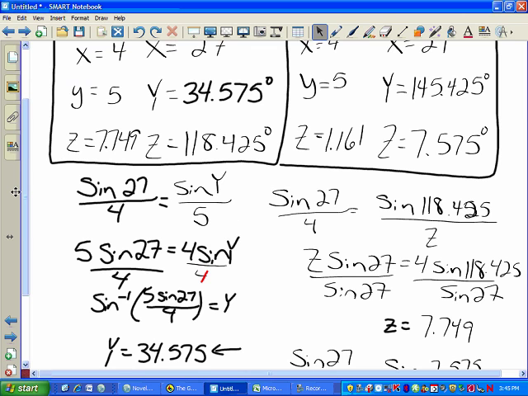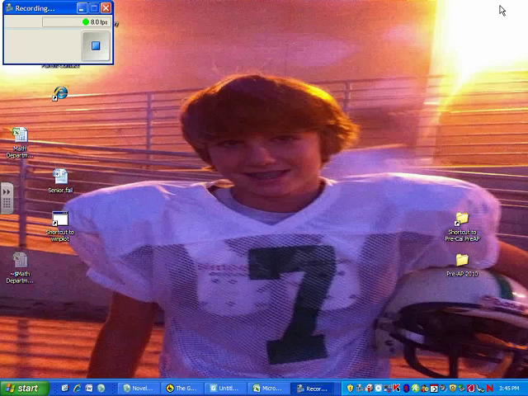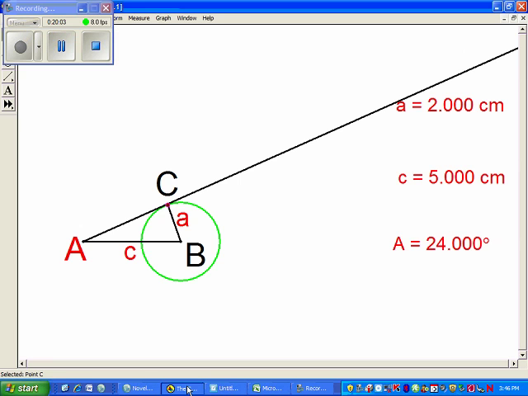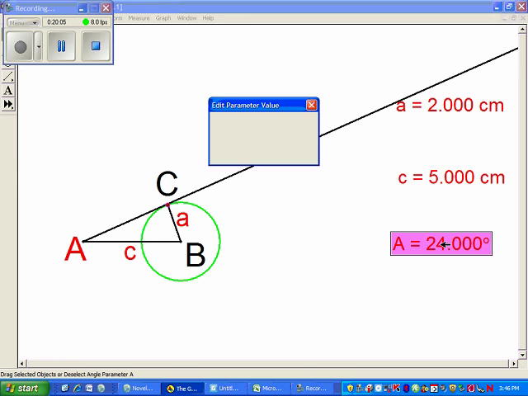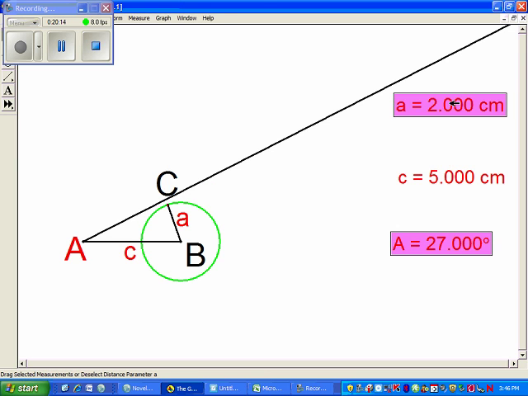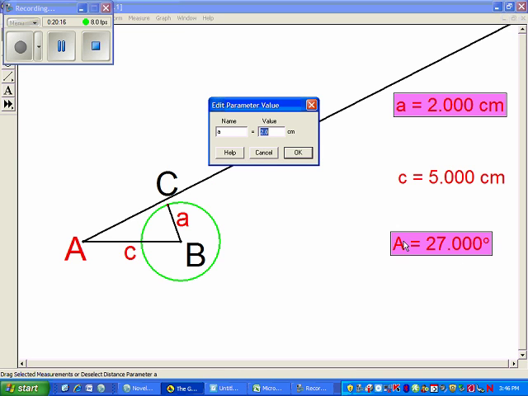Hey, I bet we can check it. Watch this. You need to pay attention to this because you are going to use the Geometry Sketchpad program that I'm using right now. Okay? And watch real quick. What was the angle that we were given? Watch what I just did. I double clicked right here. Our angle was what, 27? Is that right? What was our side across from our given angle? Notice that was A, so big A is 4.